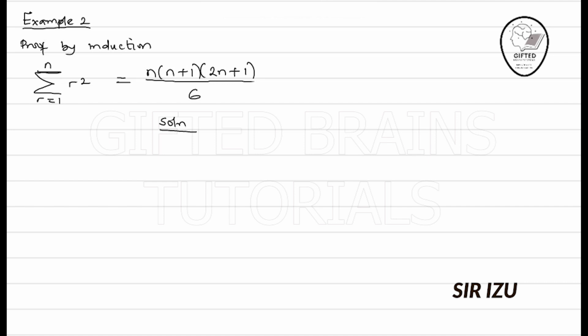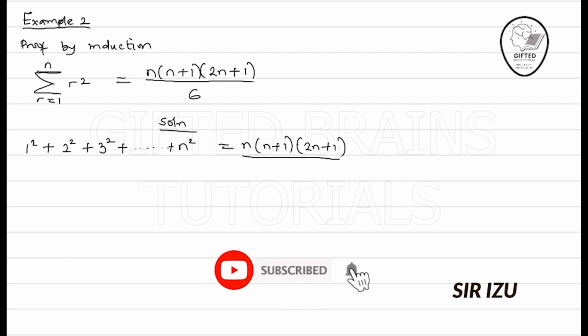So I will have 1 squared plus 2 squared plus 3 squared, on and on till n squared, and it is equal to n(n plus 1)(2n plus 1) all over 6. This is what it gives to us.